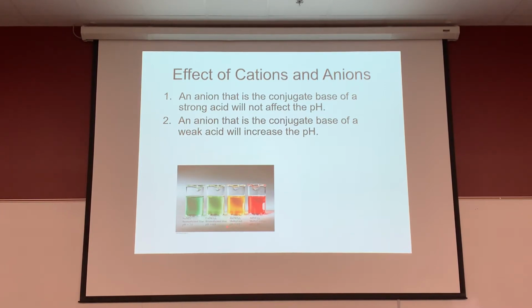It drops the pH down to 5.5. And then the aluminum down at the end is a pH of 3.5. Just to show you that the different cations will have impacts on acid-base character, whereas the anions, like the nitrates, do not.